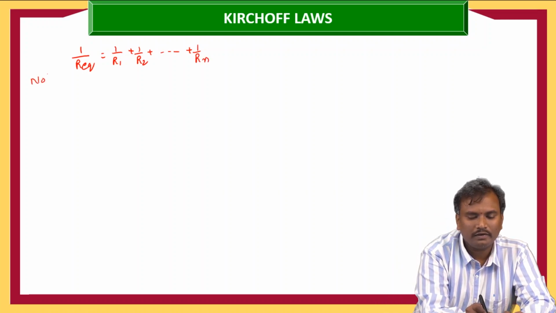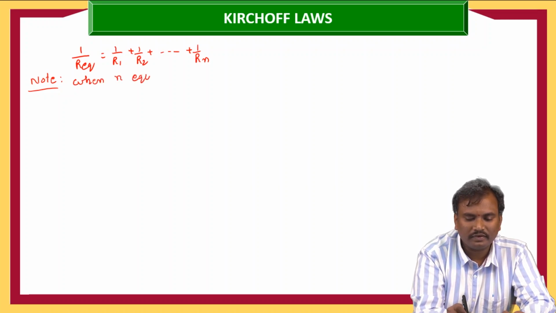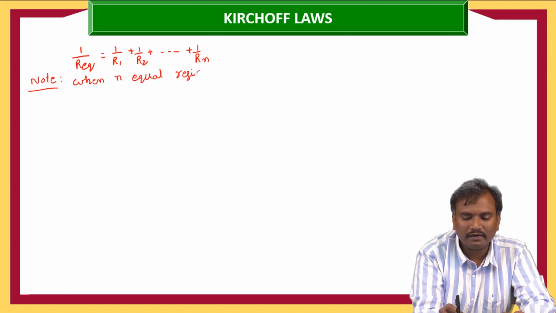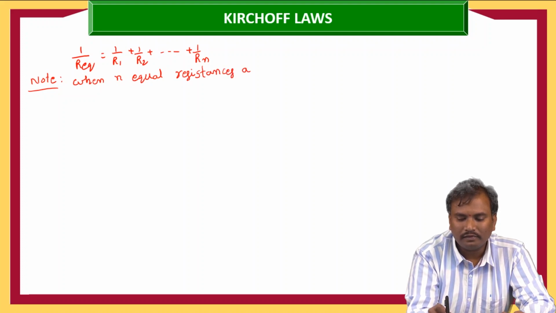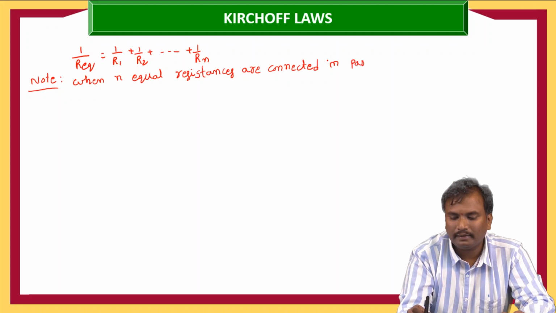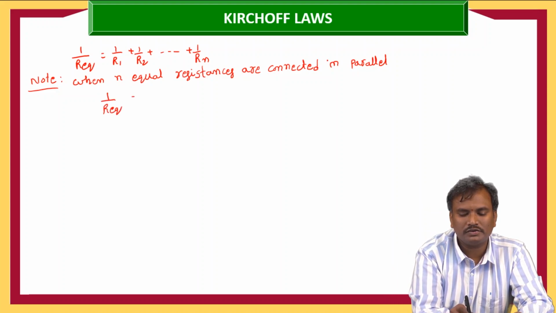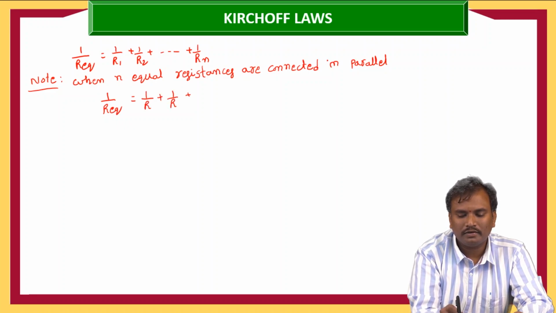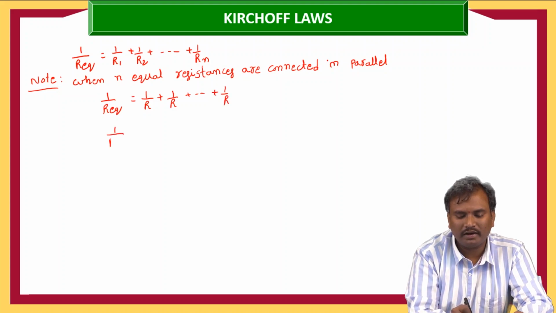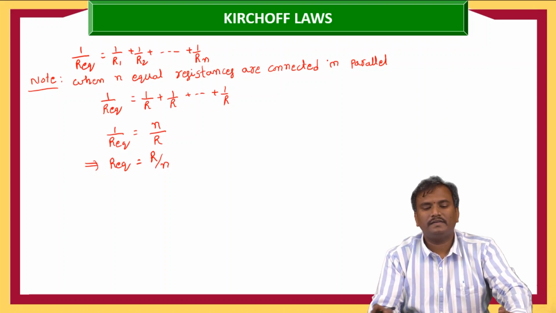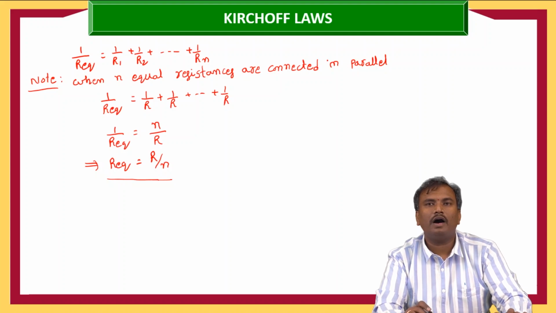Let us take one note: when n equal resistances are connected in parallel, 1 by R equivalent will be equal to 1 by R plus 1 by R, and so on 1 by R. That is, 1 by R equivalent is equal to n by R. From this, we get R equivalent is equal to R by n.